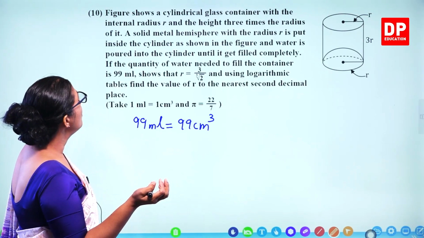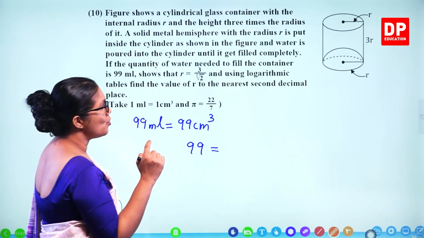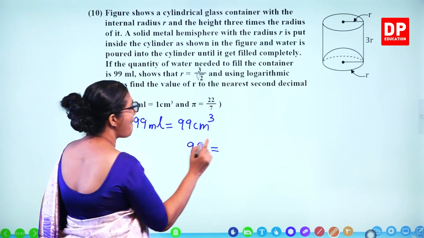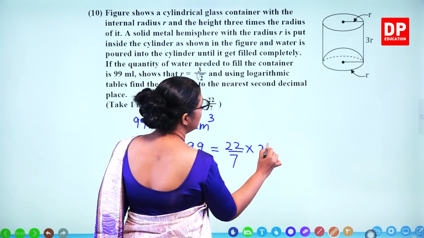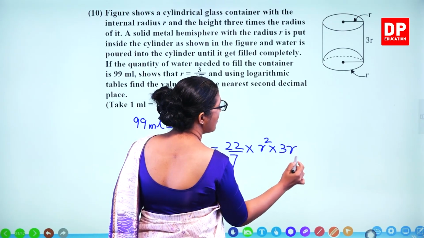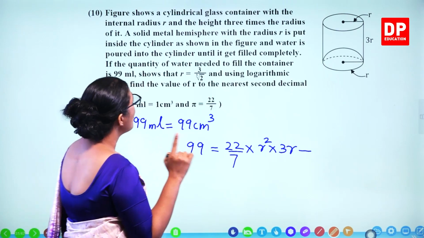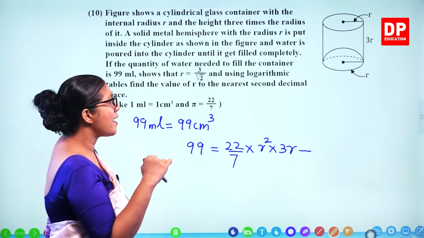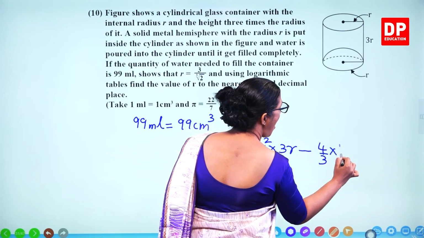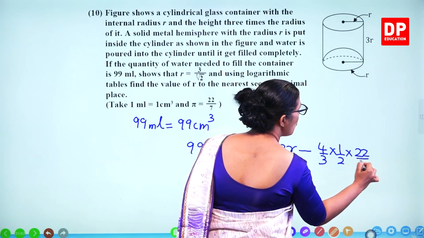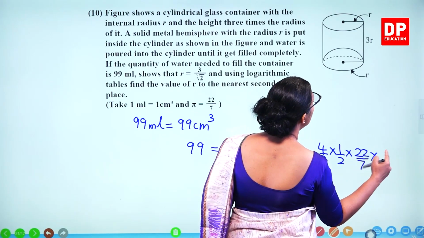So 99 cubic centimeters equals the volume of the cylinder, pi, 22/7, r squared, h is also 3r, minus the volume of the hemisphere. The volume of the sphere is 4/3 pi r cube, so you have to divide by 2: half of 4/3 times pi, 22/7, r cube.